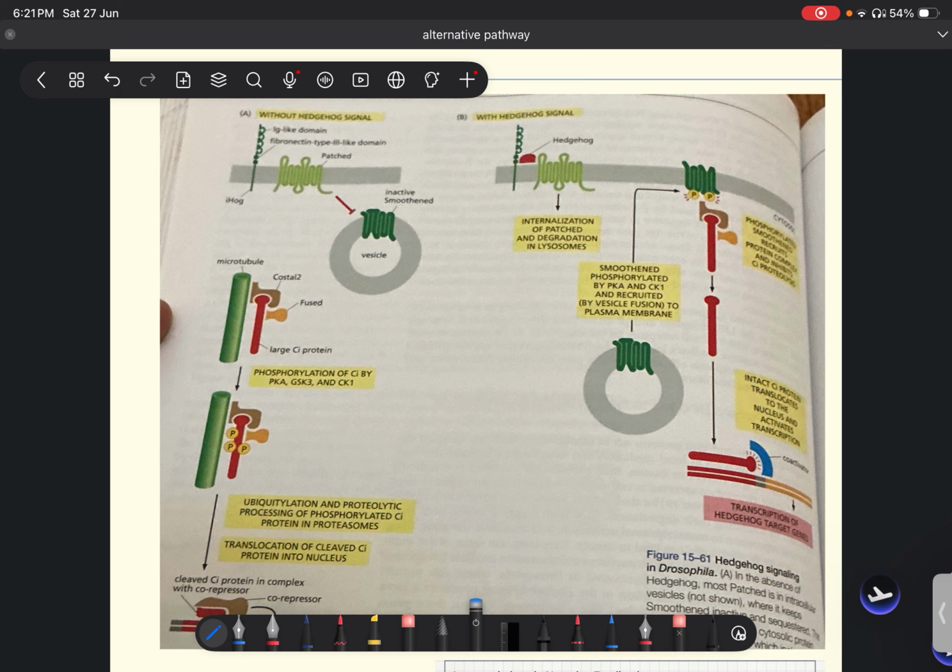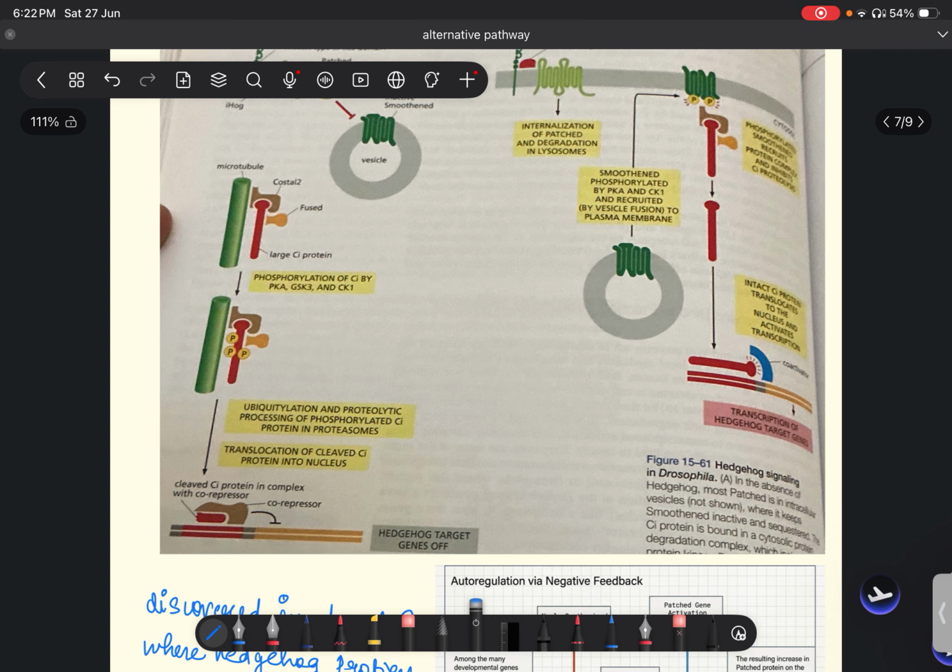Now, this large CI protein, in general without the signal, is in bound form with the scaffold protein costal 2, which is somehow connected with the microtubule, and the other protein which is fused. So what happens is later on there is phosphorylation of CI by these PKA, GSK3 and CK1.